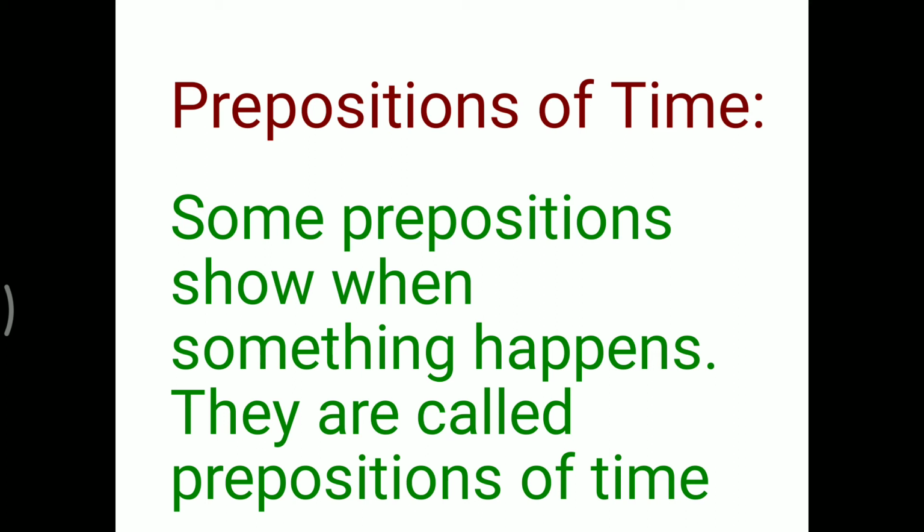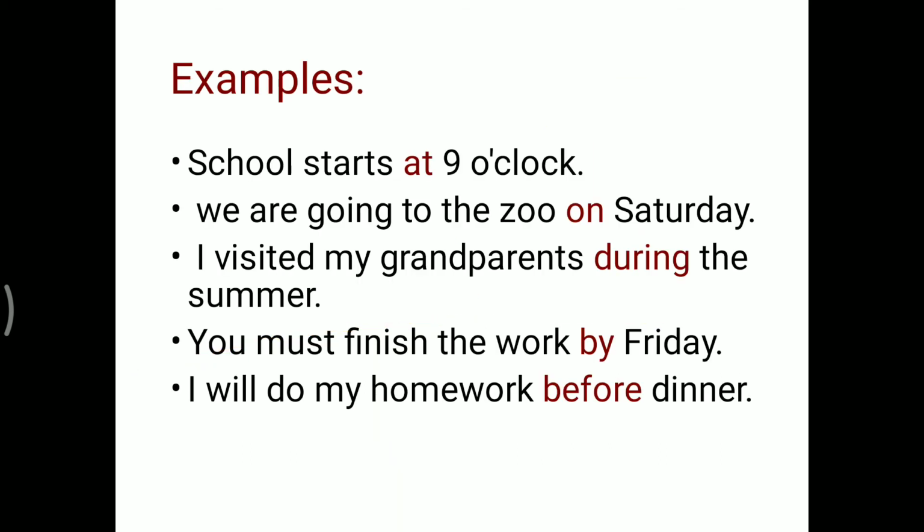The second type of preposition is the prepositions of time. Some prepositions show when something happens. They are called prepositions of time. Keep in mind the word when, meaning it shows time. For example, school starts at 9 o'clock. We are going to the zoo on Saturday.